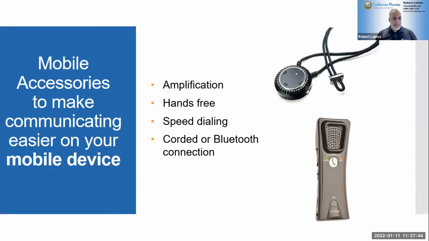And so the way that we do that is you connect this device here wirelessly, and it's amplified. You make the phone call through your phone, it connects to here. Now you can amplify that conversation and talk freely without having anyone around you hear your conversation.